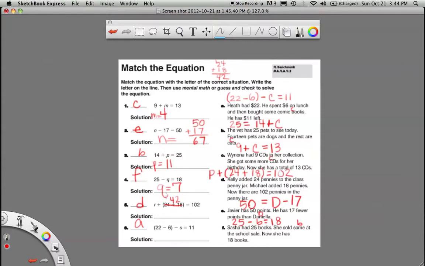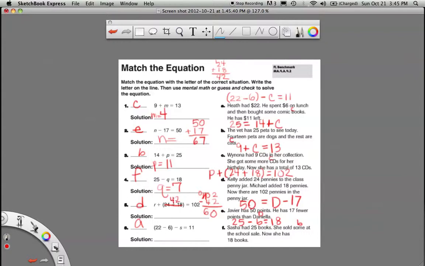So we need to see what we add to 42 to get up to 102. Here's a trick. You take 102, you subtract 42, and that'll give you the other number. So 2 minus 2 is 0. Can't do 0 minus 4, so we need to borrow from the 1. It will become a 0, and this will become a 10, and it'll be 10 minus 4, which is 6, so 60.